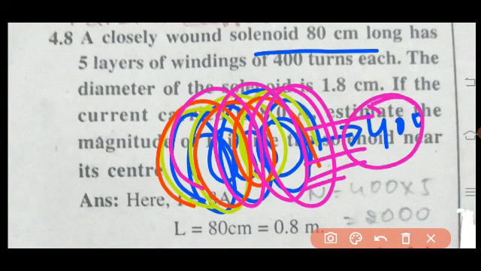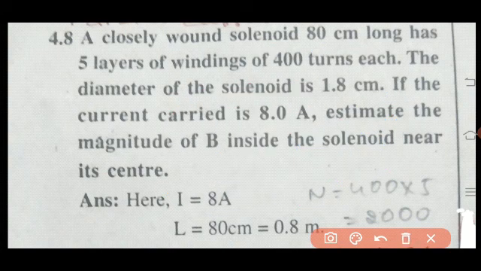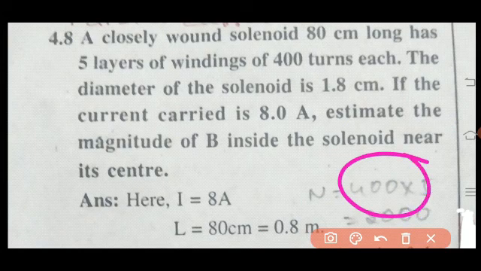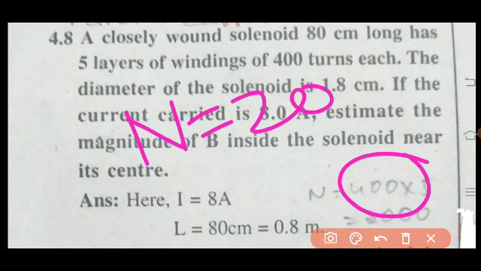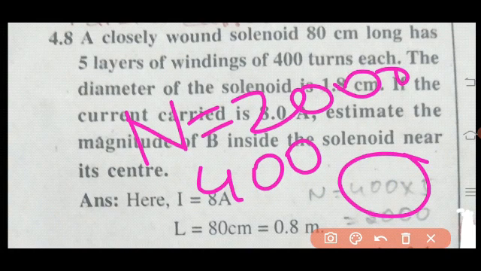So how many turns does it have? 400 into 5, that is 2000 turns. So N equal to 2000 turns, because each layer has 400 turns into 5 layers.